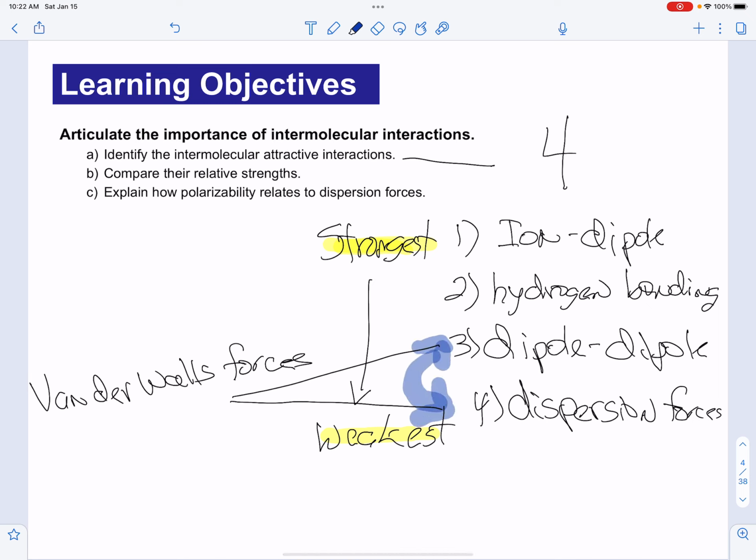So we're going to see some properties of the molecules that would allow the dispersion force to be stronger than the dipole sometimes, and vice versa. And then we're going to continue talking about the polarizability and how that relates to the dispersion forces.